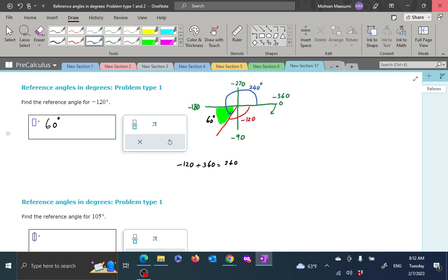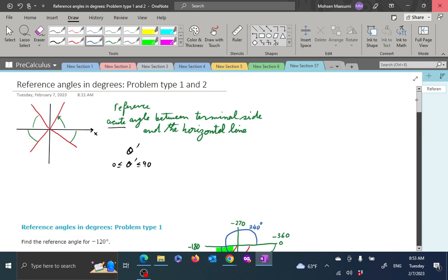Once I make it to 240, how do I find my reference angle? I say, well, 240, I have passed 180. How much extra have I gone? So 240 minus 180 is 60 degrees extra past the horizontal line, and that is my reference angle. Okay, so we remember two things. If you are comfortable going through negative numbers, that's very good.